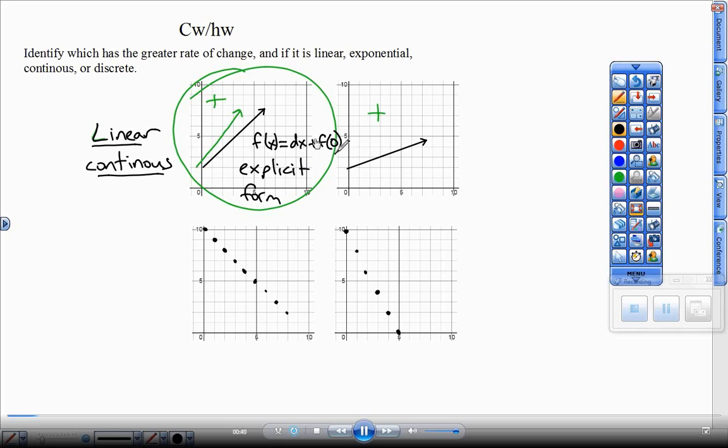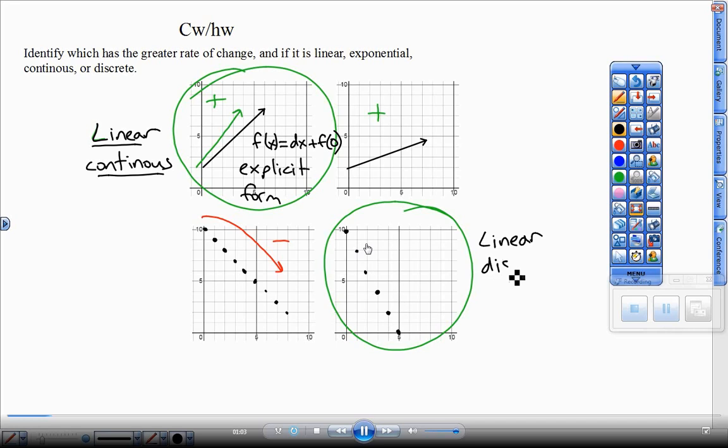So more steep. These, I could see with my eyeball that this set of data is going down, but this set is going down at a steeper rate. So this set is the greater rate of change. And of course those are dots. It's still linear, but those dots patterns make it discrete.